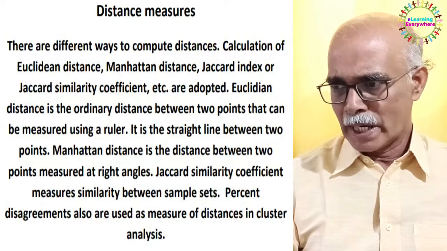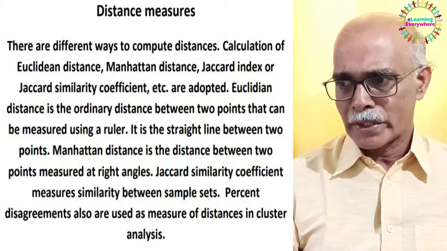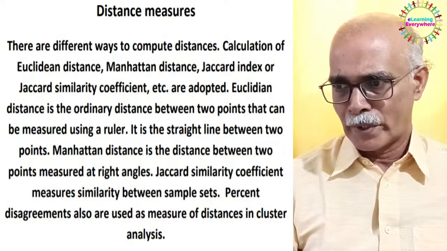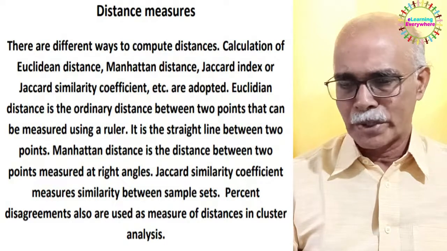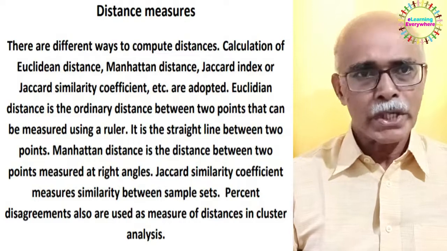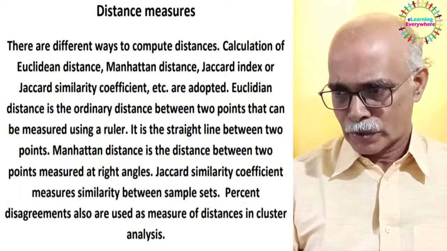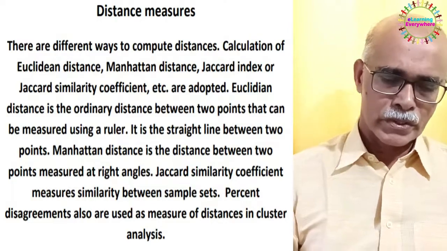It is the straight line between the 2 points. Manhattan distance is the distance between 2 points measured in right angles. Jaccard similarity coefficient measures the similarity between sample sets. Percent disagreements are also used as measures of distance in cluster analysis.